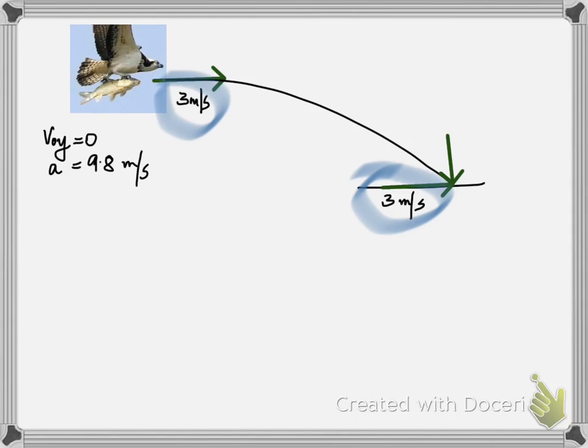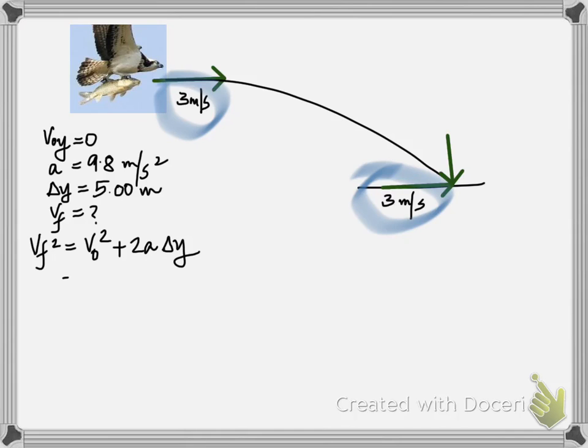But the initial vertical velocity was 0. a is positive 9.8 because it's speeding up, going down, and delta y is 5 meters. So you can find the final vertical velocity using this equation: Vf squared is equal to V naught squared plus 2a delta y.